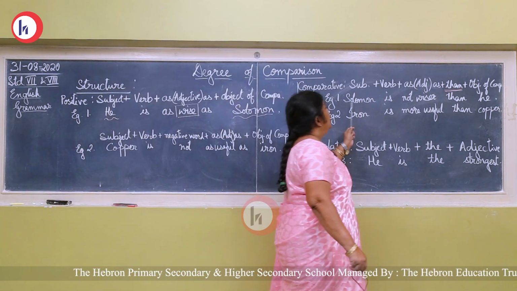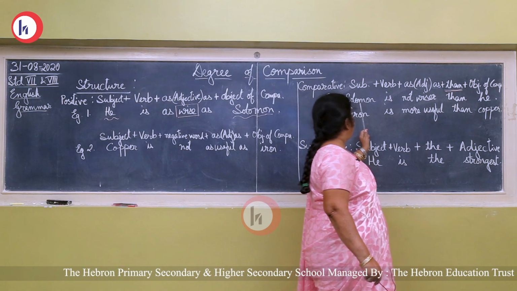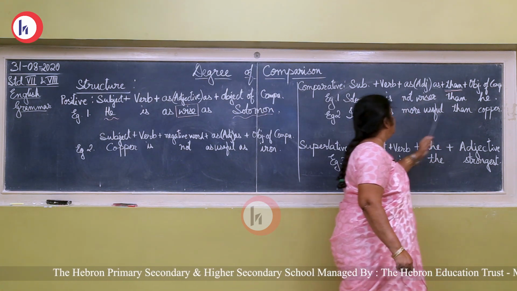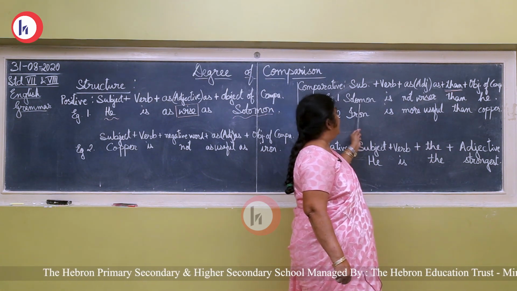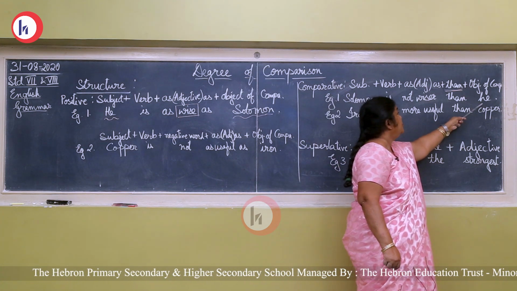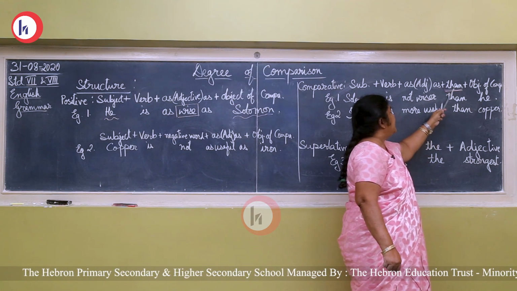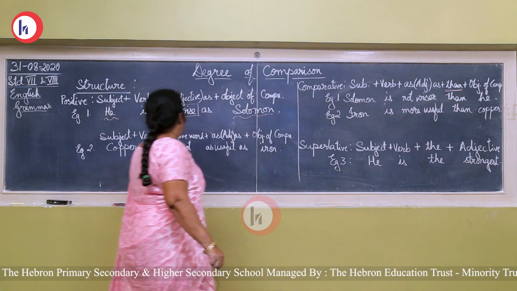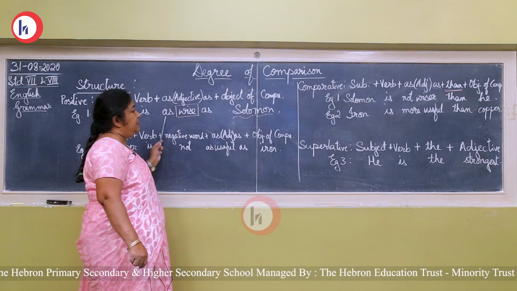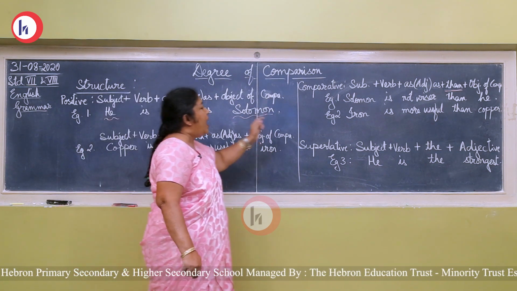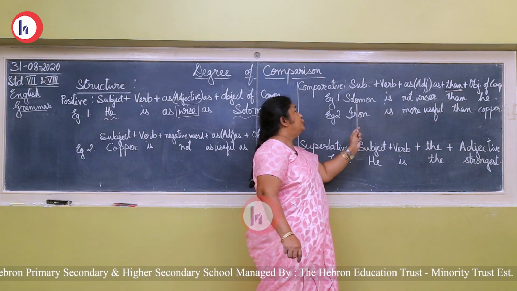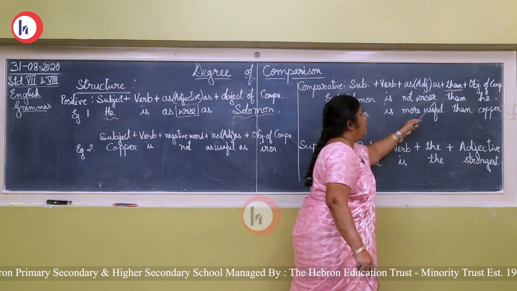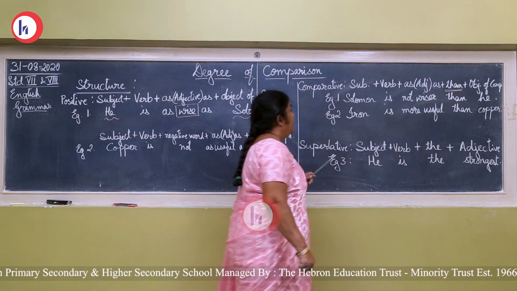Write this sentence in comparative. As I said, the object will come to subject and subject will go to the object. So Solomon will come in subject and he will go to the object. And it is compulsory to add than. This is an affirmative sentence, so we have to add not in the verb. Solomon is not wiser than he.